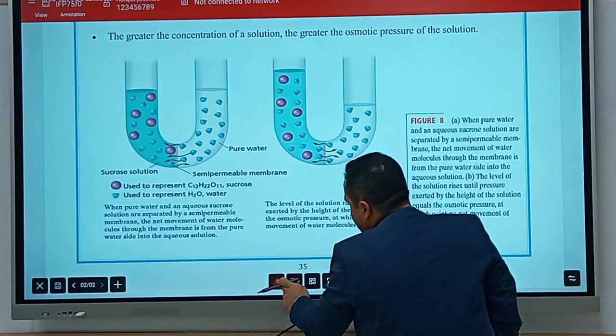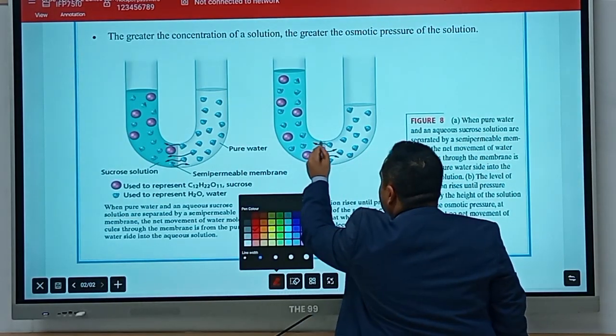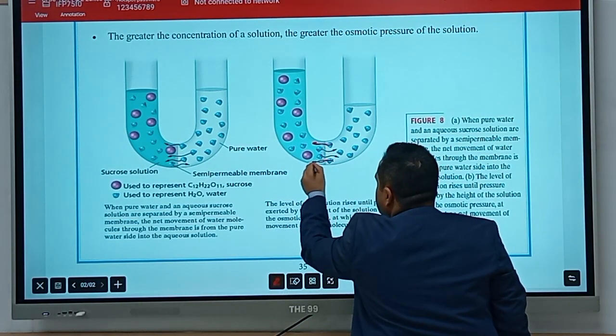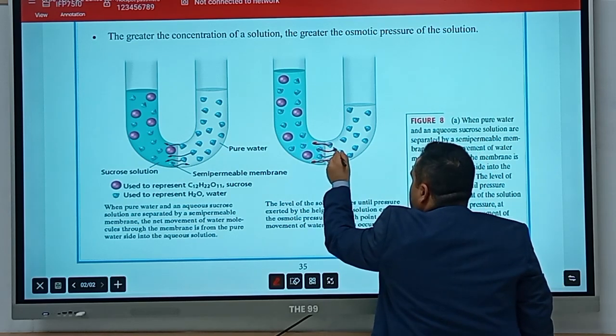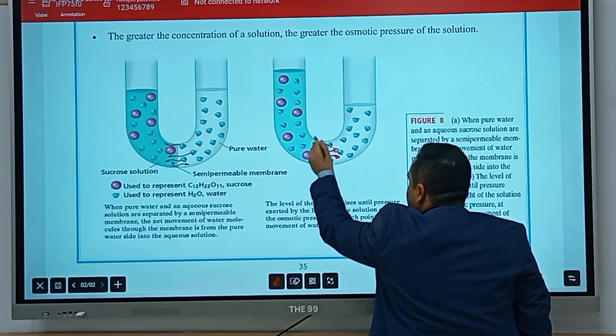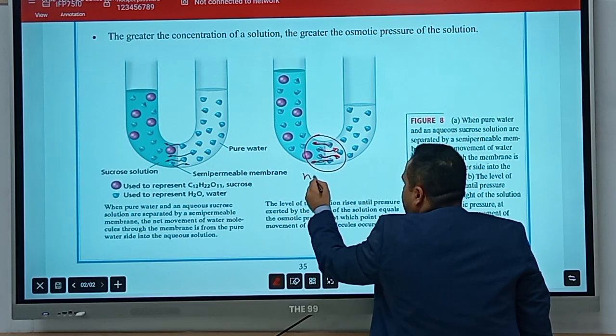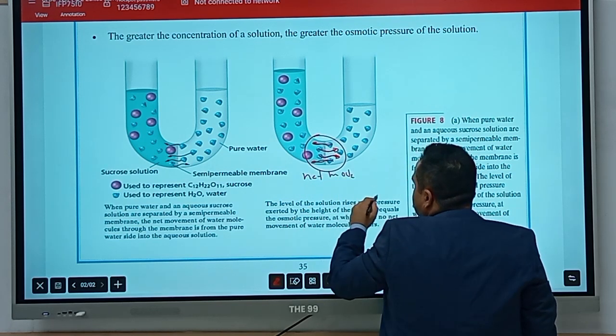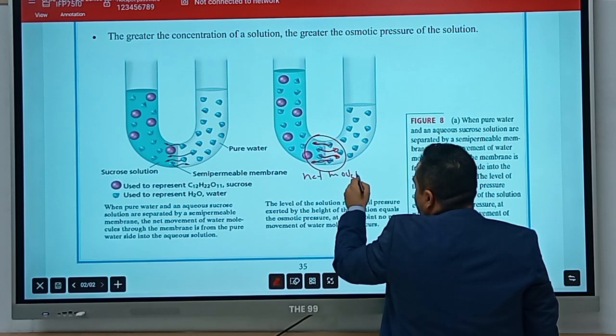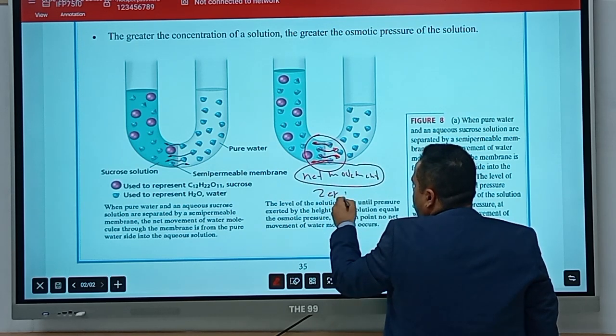As you can see here, guys, two water molecules move from the low concentration side to the high concentration side, and two water molecules move back at the same time. So this results in a net movement equal to zero. The net movement is zero.